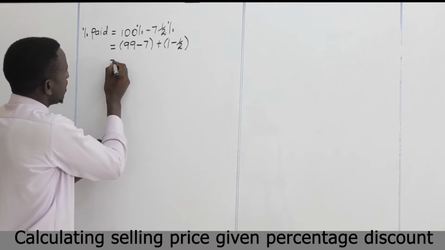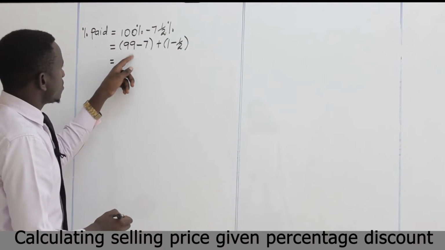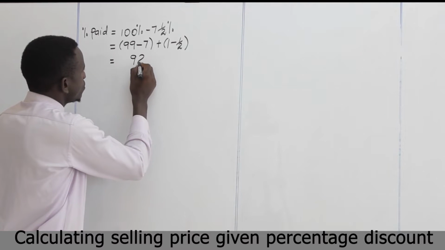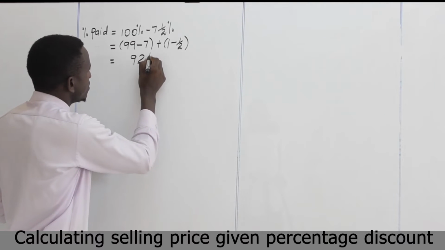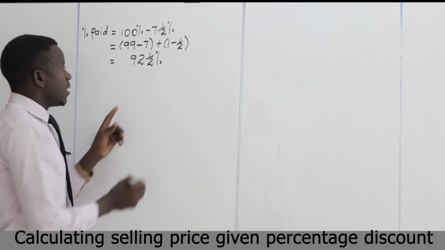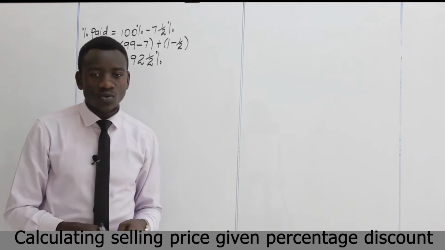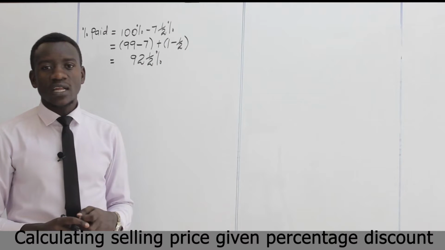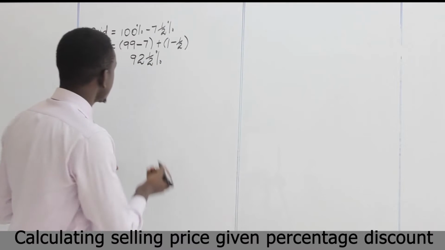So finally we shall have 92, then 1 minus a half, which is a half. Remember, this is the percentage which is equivalent to the amount he paid, which is 370,000 shillings.